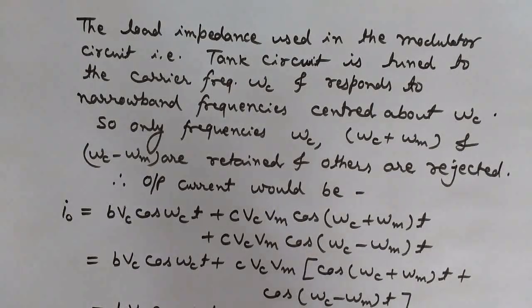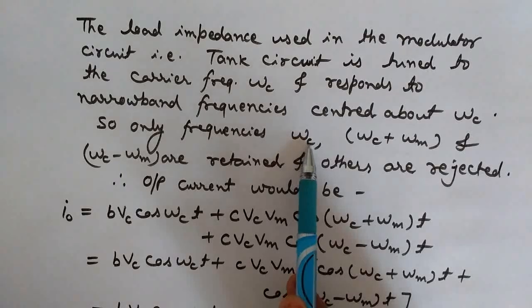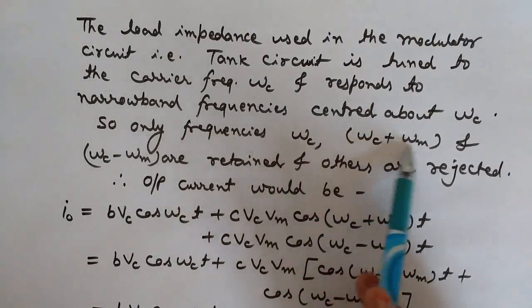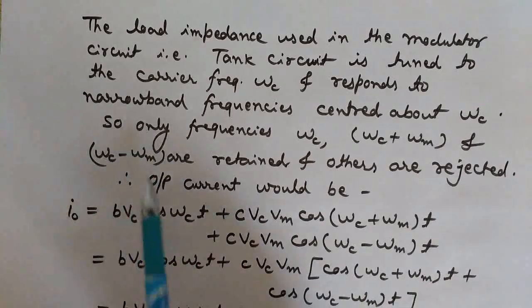The carrier along with the 2 sidebands will be retained, and other frequencies like the DC term, the modulating signal, and the harmonics of the carrier and modulating signal will all be rejected. In the output we will have only 3 frequency terms: omega c, the carrier, omega c plus omega m, the upper sideband, and omega c minus omega m, the lower sideband.